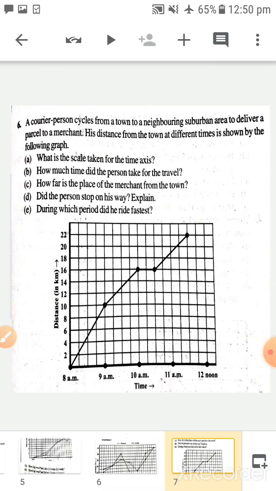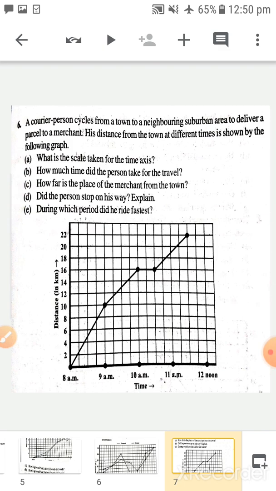Now the sixth question is, a courier person cycled from a town to a neighboring suburban area to deliver a parcel to a merchant. His distance from the town at different times is shown by the graph. What is the scale taken for the time axis?